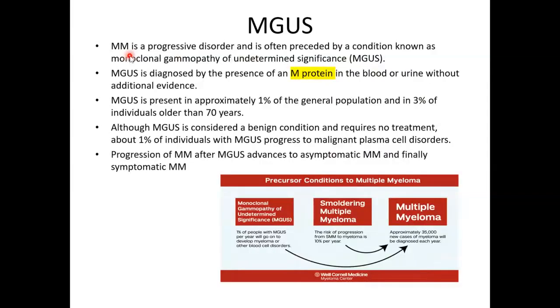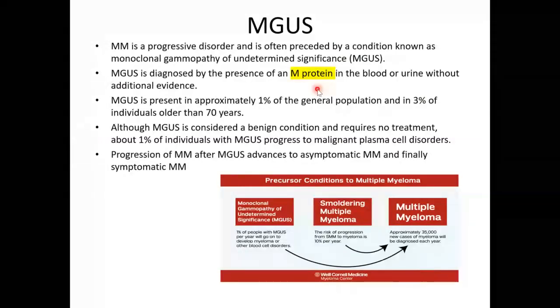MGUS is the presence of an abnormal protein, which we just talked about, in the blood or urine without evidence of myeloma. It occurs in about 1% of the general population, and in 3% of older individuals, they have some abnormal protein.